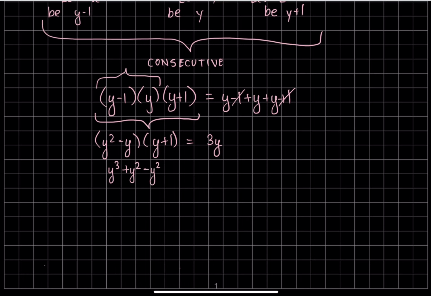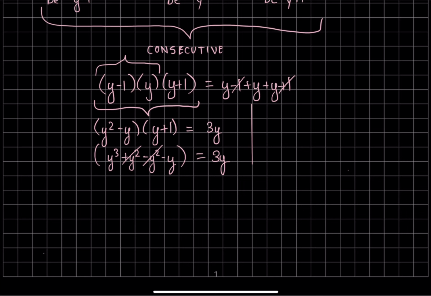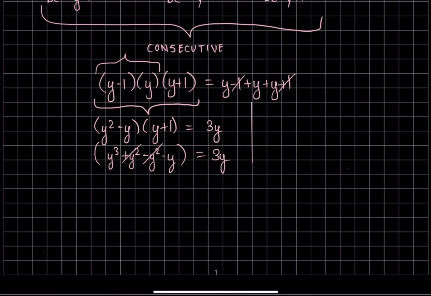And negative y times 1 gives us negative y. Okay, so now that we have our equation, let's cancel everything that can be canceled out, which is y squared and negative y squared. So this gives us y cubed minus y is equal to 3y.